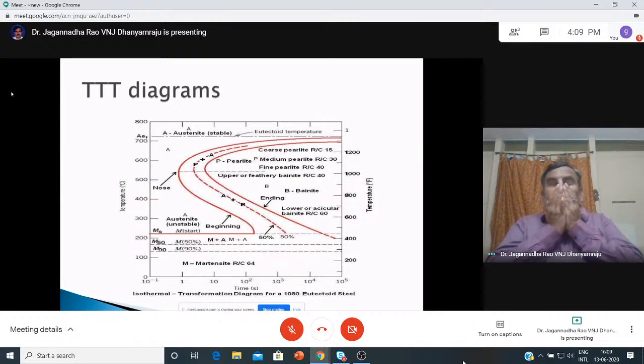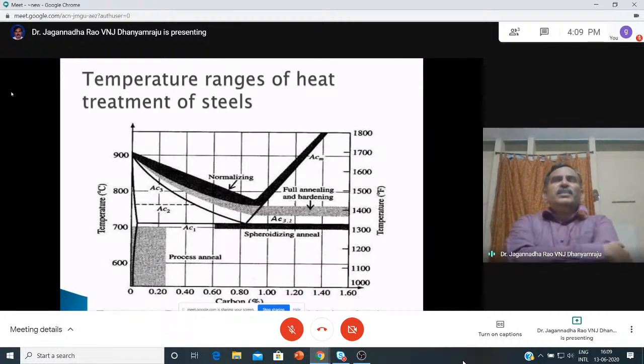So now we have seen annealing and we have seen normalizing, right? And there is a process called hardening. See, hardness is an important property. Hardness is nothing but resistance to indentation.